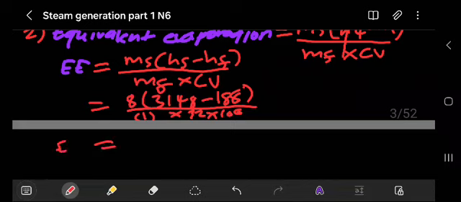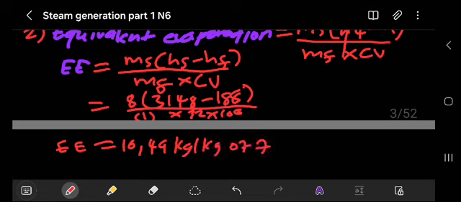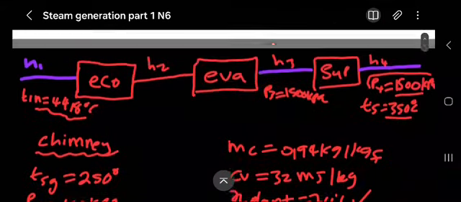Then what would be our equivalent evaporation? If we punch this on our calculator, the equivalent evaporation there will be 10.49 kg per kg of fuel. So that we are done with question 2.